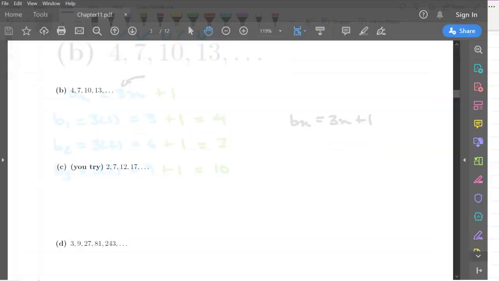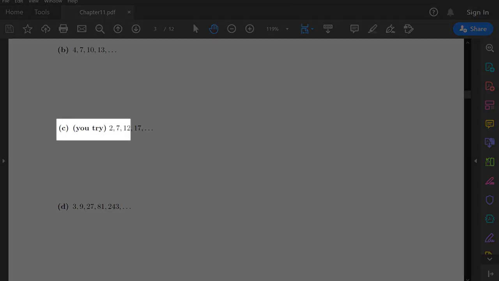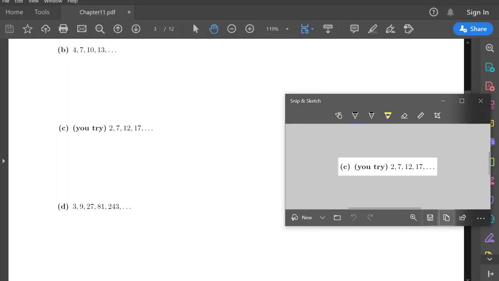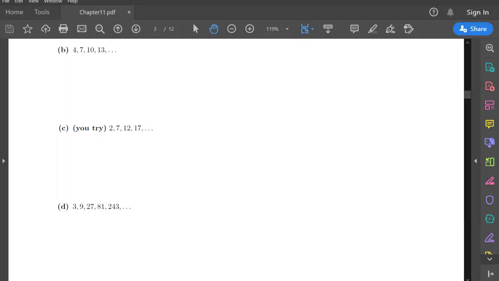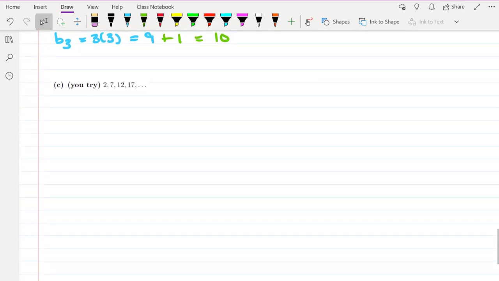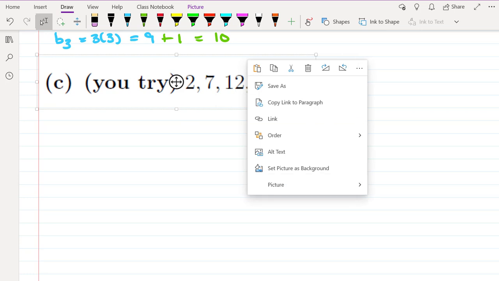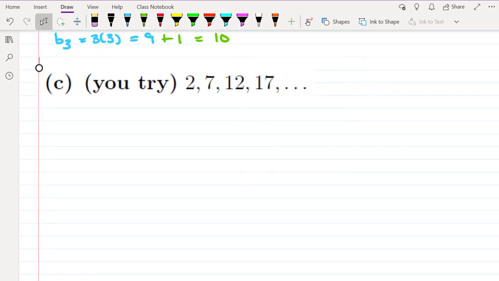The next example is for you guys, so go ahead and try this one. Our sequence this time is the numbers 2, 7, 12, 17, and so forth. The skip this time is we're adding 5 each time to get to the next sequence member.